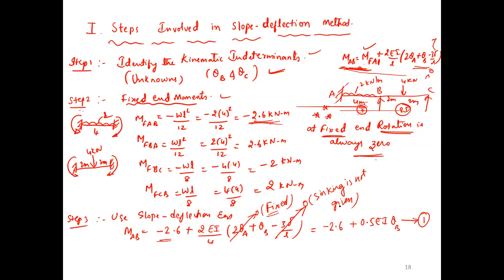Delta is also 0 because sinking is not given in the problem. If I were giving that support B sinks by 2 mm, then you must take the 2 mm in delta. But in this case there is no sinking, hence it is also 0. Now finally you get this equation. Take this as equation 1.